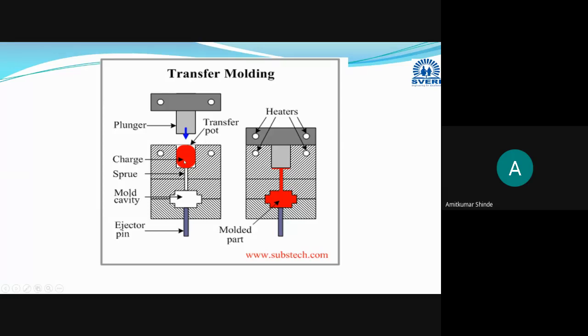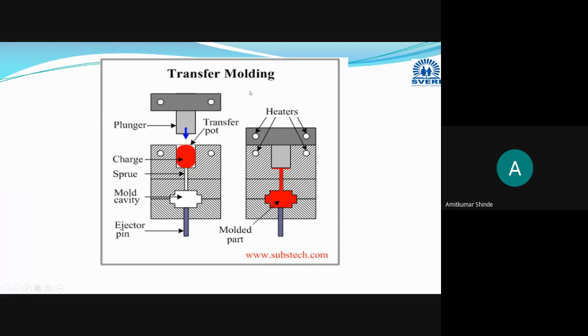The charge is taken in the transfer pot, and with the help of the heaters provided here, we heat the charge so that it becomes soft in nature.